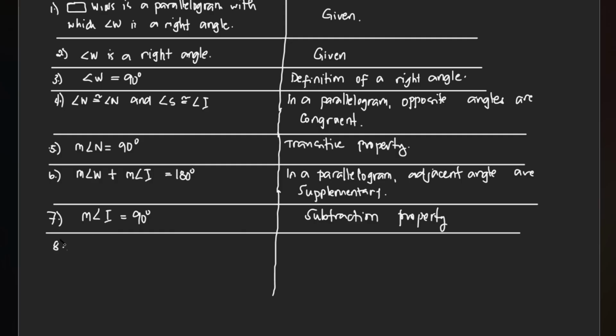Ika-8 natin. So, we have measure of angle S that is equal also to 90 degree. Now remember na yung si I po natin based sa number 4 statement, angle I is also congruent to angle S. So this means with the guidance of statement number 7, if si I is equal to 90, therefore si S is also equal to 90.